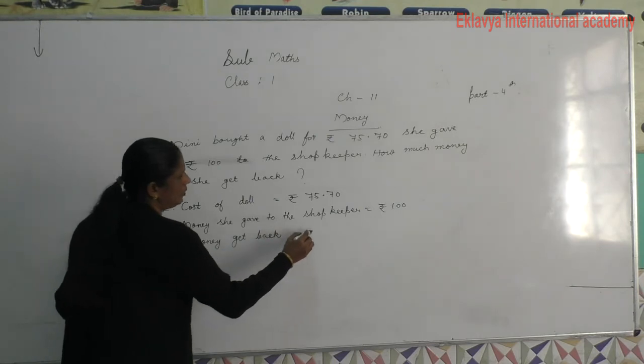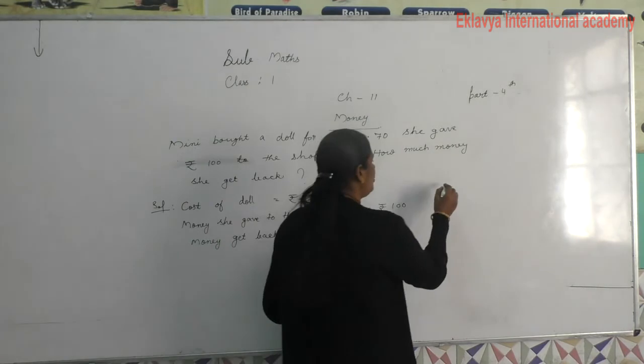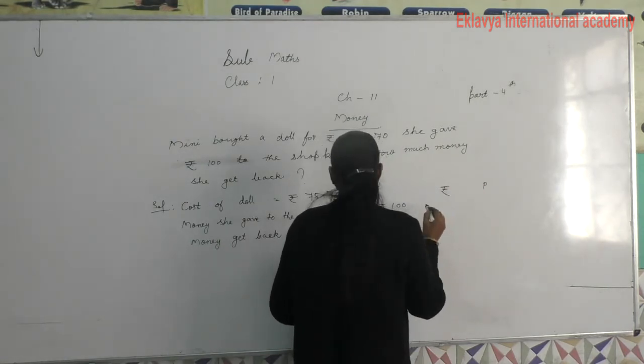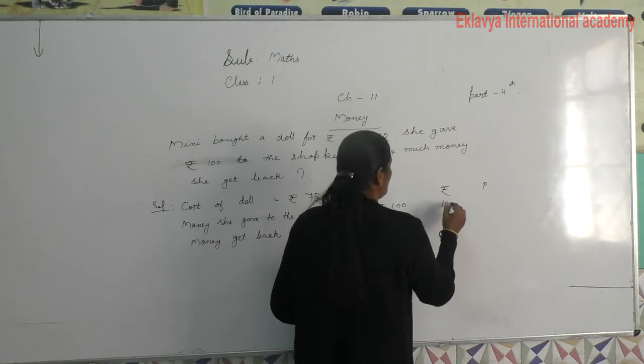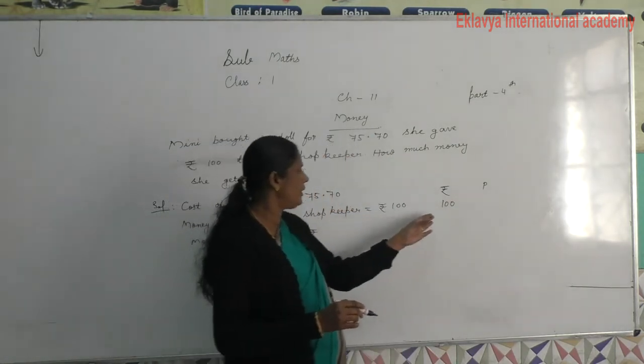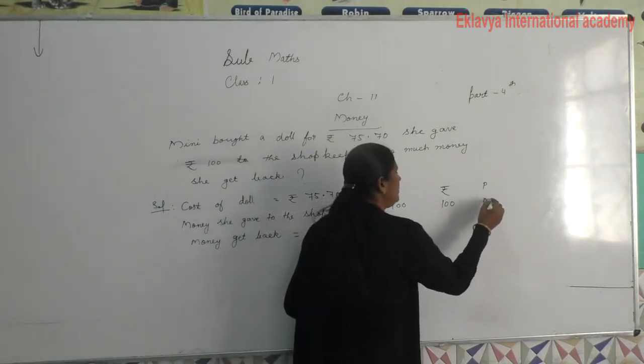is equal to rupees. Then again you make two columns, rupees and paise. Then you write 100. First you write 100 here. There is no paise here, you put 0, 0.